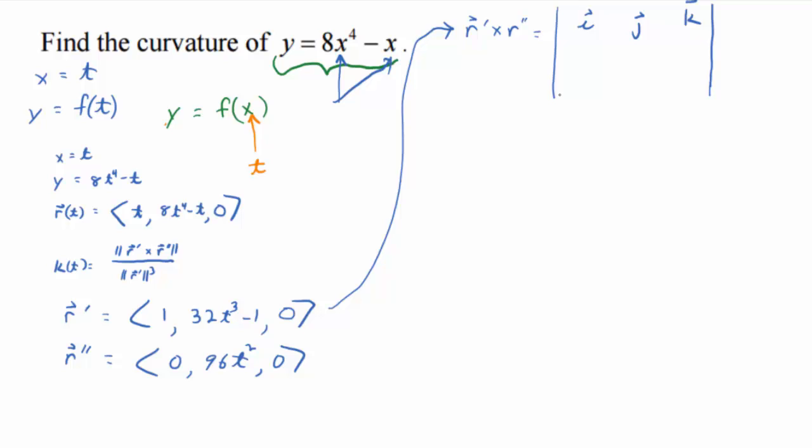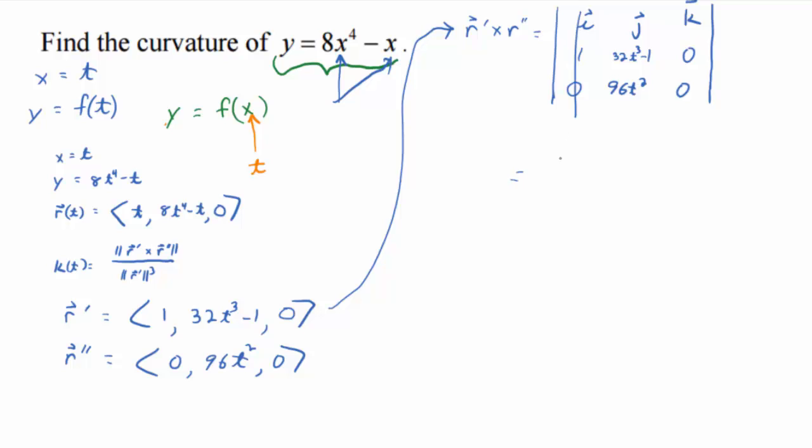You don't have vectors in a matrix, so we just use the matrix notation because it helps us remember the formula for finding the cross product. So across the middle we have 1, 32t cubed minus 1, and then 0. And then 0, 96t squared, 0. Is everybody with me?